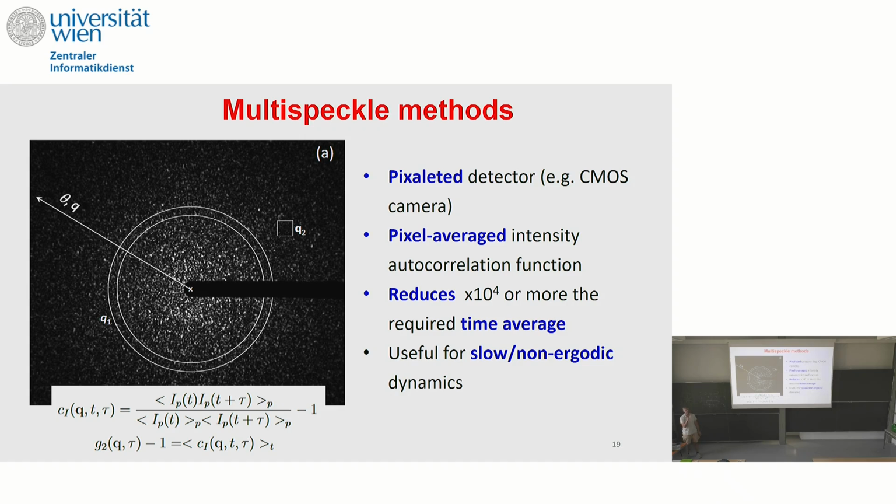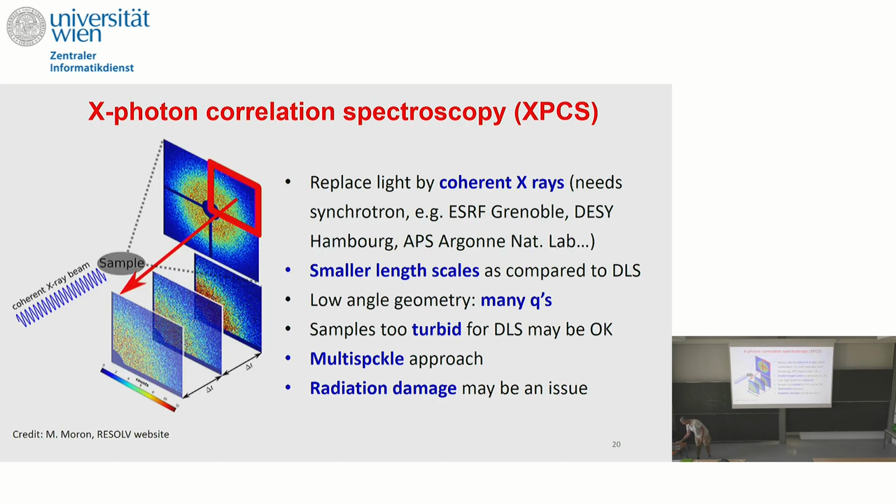That's not necessarily a lot for XPCS. XPCS is this thing here. You replace this 20 euros laser pointer by a 20 billion synchrotron light generator, and you do the same thing with X-rays, okay?